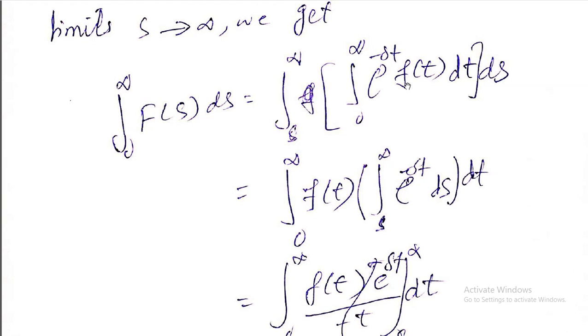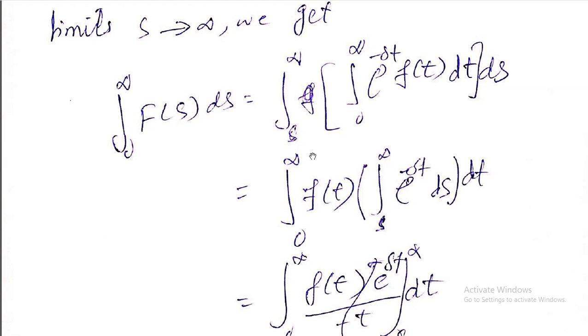You can check in Google what the change of order of variables is. It is not easy just to bring this here and dt outside; there are some rules, some formulas which you have to apply.